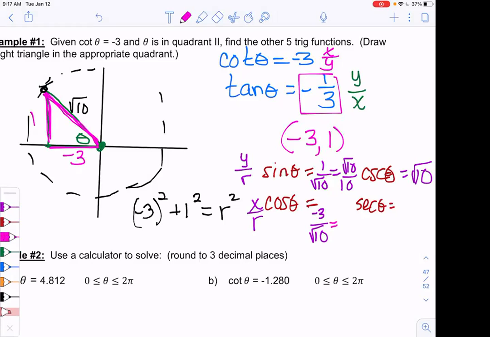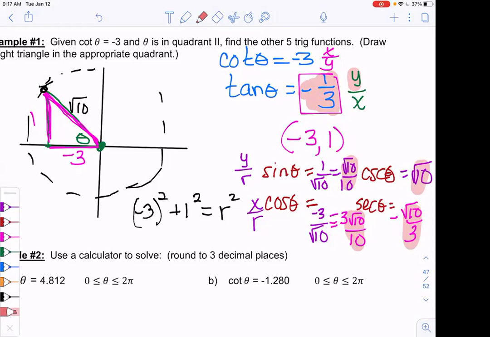If I simplify that, I get -3 root 10 over 10. And then the secant would be negative root 10 over 3 because it's the reciprocal of the cosine, or r over x. So I now have 1, 2, 3, 4, and that guy makes 5 trig functions.